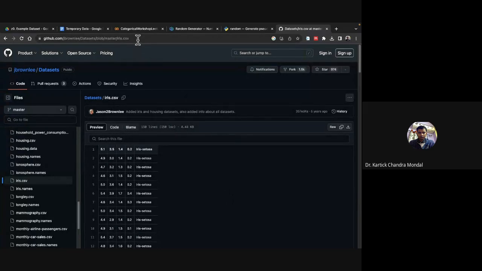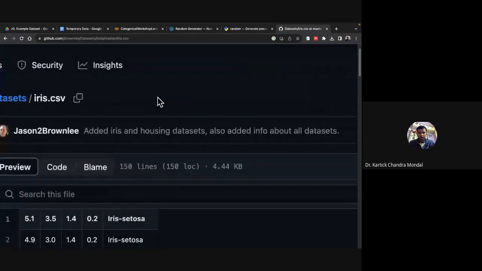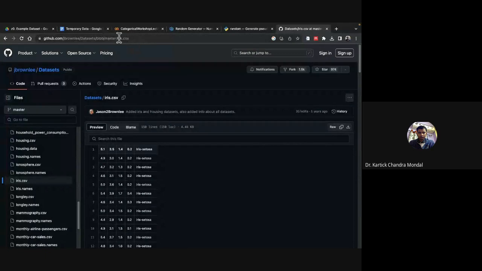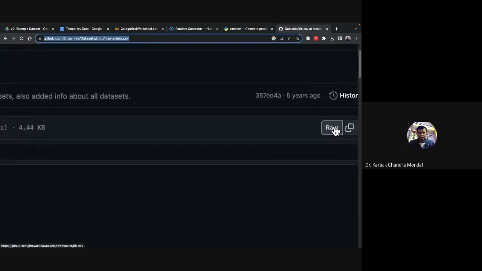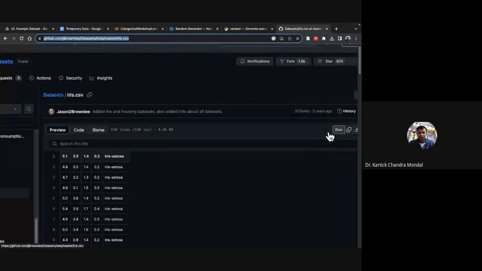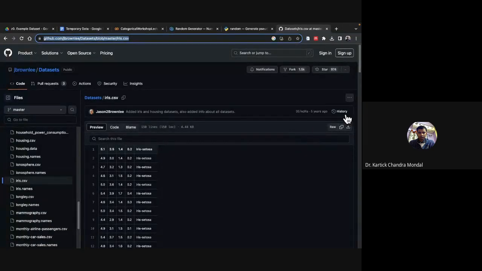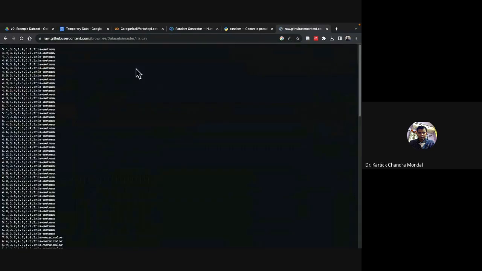But this URL is not a good one to use. Which one do you have to use? You have to click this Raw button, which you can find on the right hand side of the GitHub screen. And then the link you get is different than the previous one. Then you copy this link.